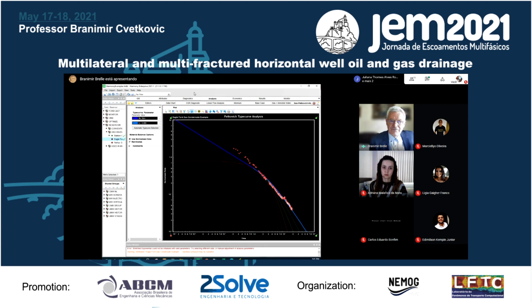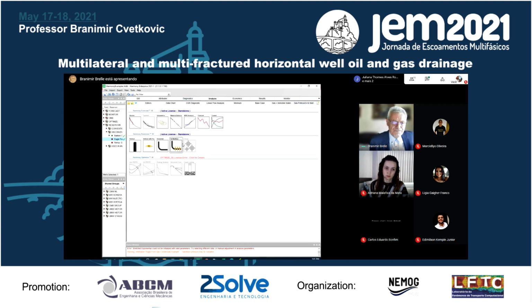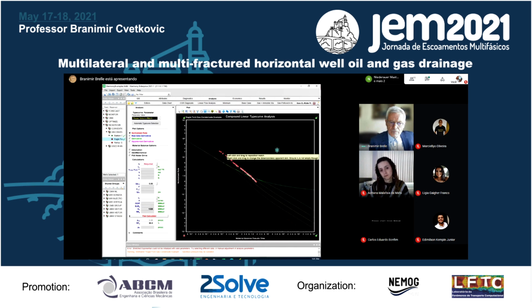Okay. Then I want to do the following. I can also use some other curves, such as this one. These are the Wattenberger curves.